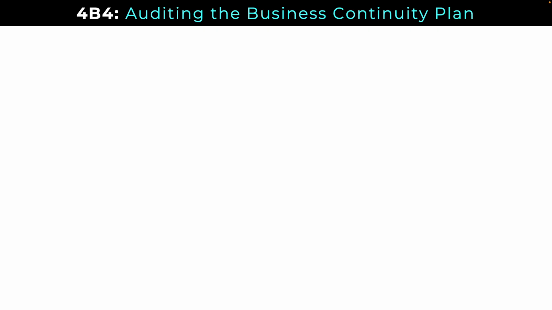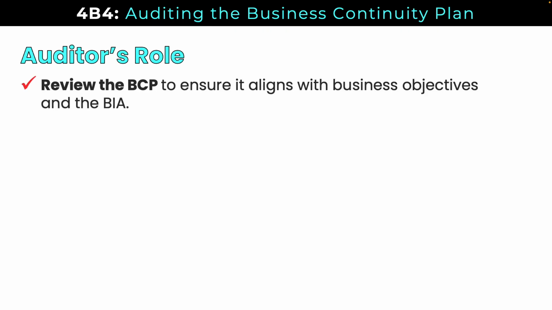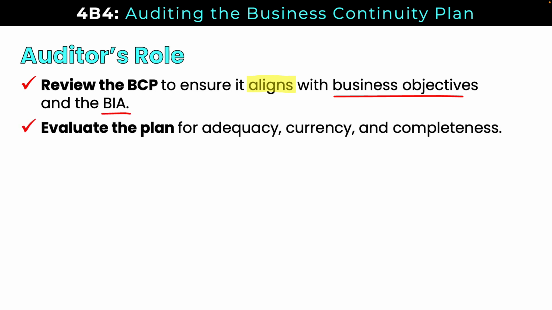So what's the auditor's role in auditing the business continuity plan? Well, you'll review the BCP to ensure it aligns with business objectives and the business impact analysis conclusions and outputs. You'll evaluate the plan for adequacy, currency, and completeness.